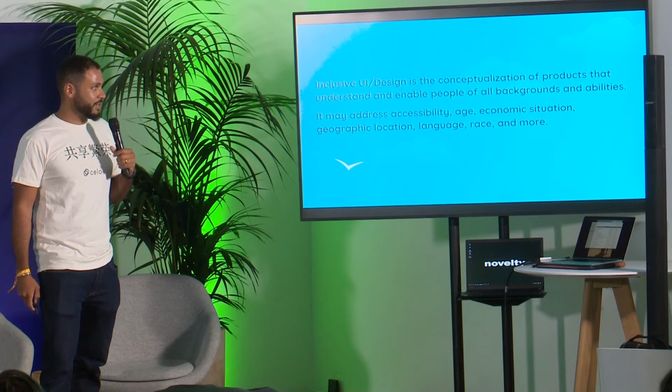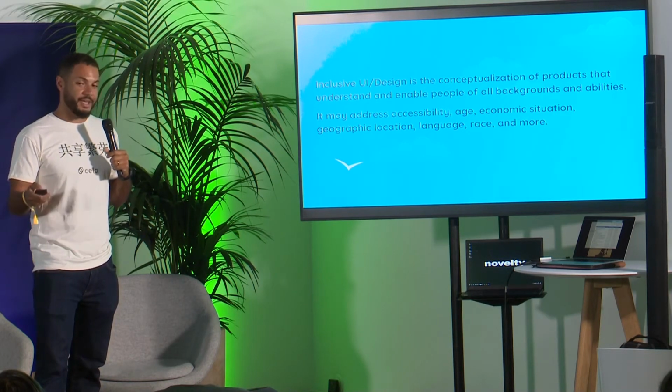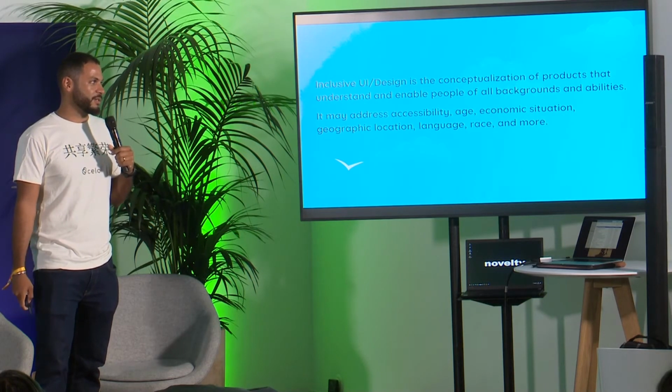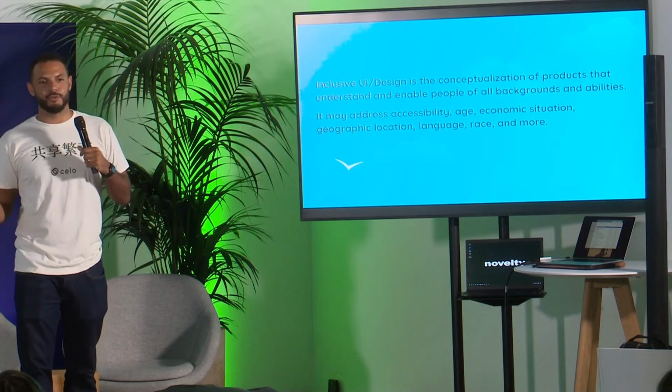Inclusive UI design is a conceptualization of products that understand and enable people of all backgrounds and abilities. It may address accessibility, age, economic situation, geographic location, language, race, and more. So really building so that anyone can use it.